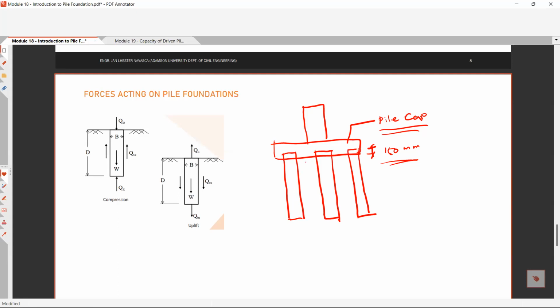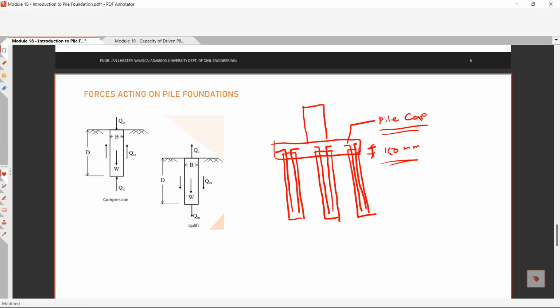Okay. May reinforcement yan dito. So nakaganto yung reinforcement niyan. Yan. So nakaganyan yung reinforcement niya.